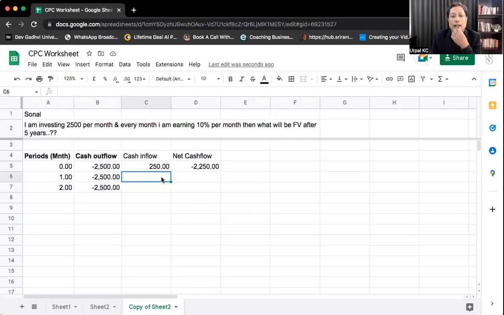Am I right? I have invested 2,500 in the share market and earned 250 rupees in the first month. So you mean to say you will be earning 120%.